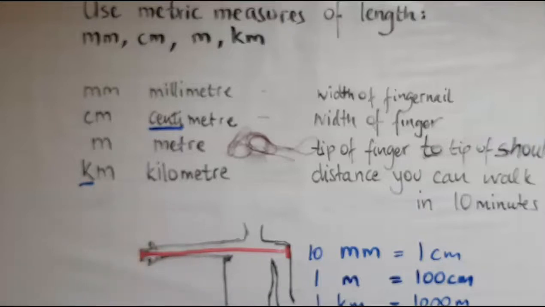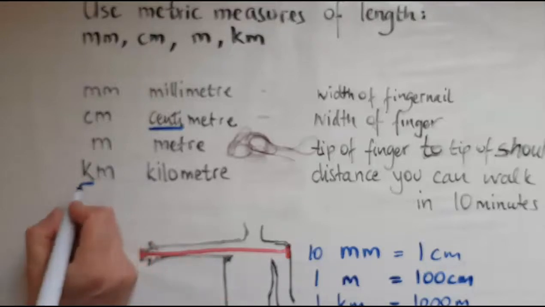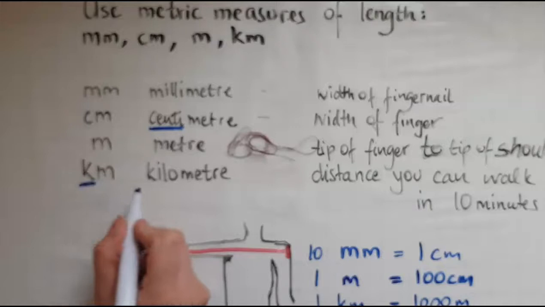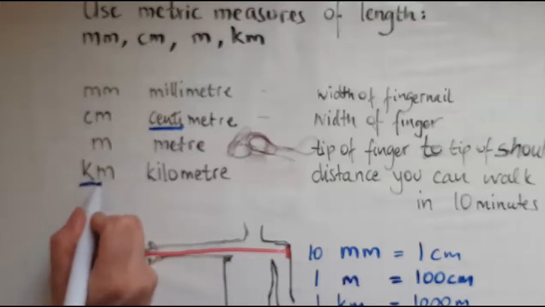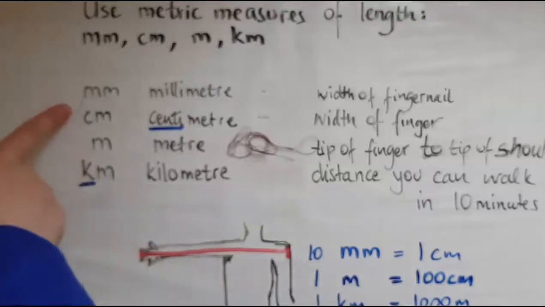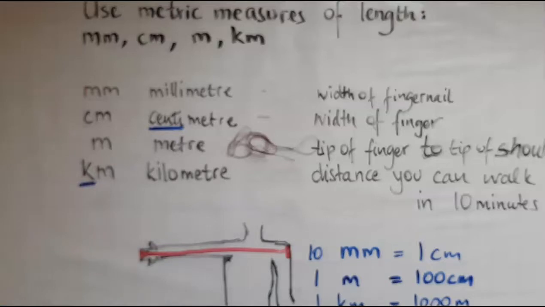So 2K subscribers, or I spent 5K to buy this car. So that is K to mean 1,000 meters. So in 1 kilometer there are 1,000 meters. I hope these clues help you remember, and also ordering them. As you can see, they're from the smallest to the largest.